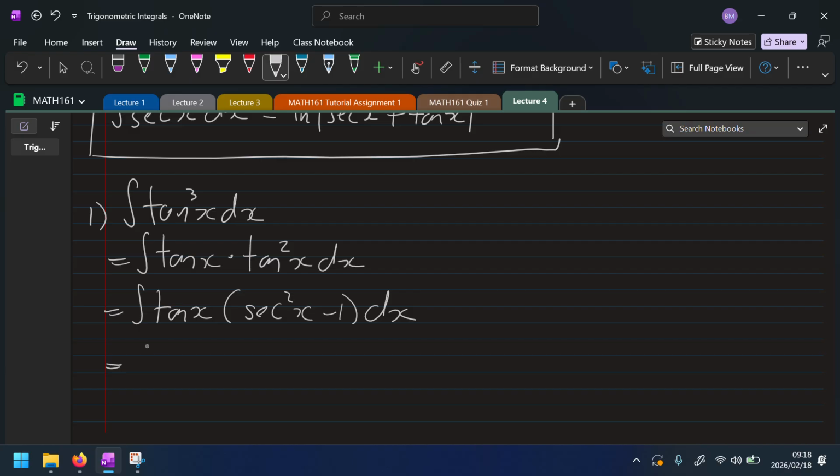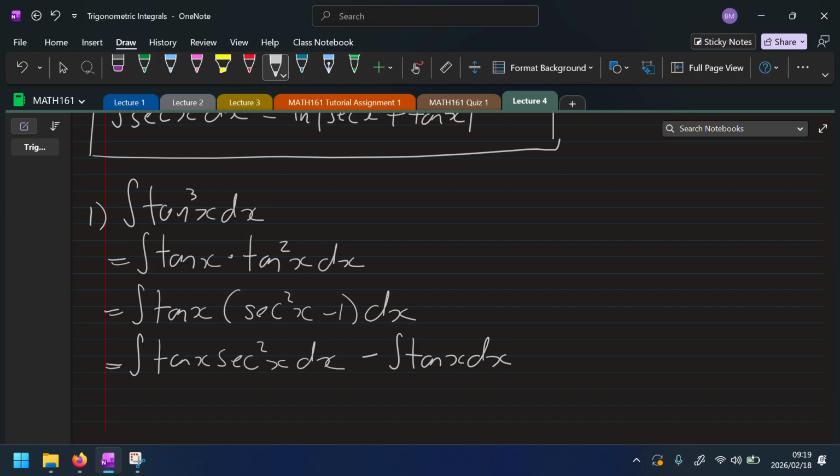Then I can distribute. Okay. And then when I distribute, I'm going to do it as 2 separate problems. So the first one will be tan and sec squared as one problem, and then tan x by itself, I'm going to do as another problem. Okay. So we've got 2 problems here instead of the 1 problem up there.